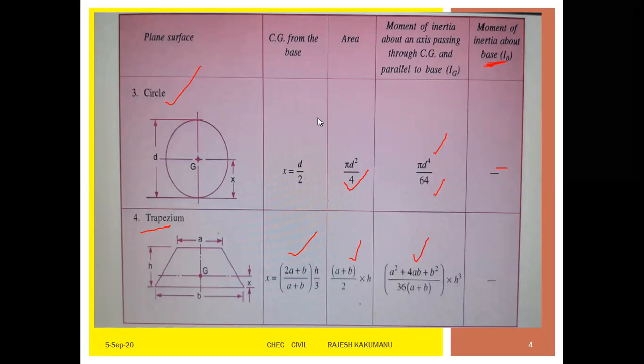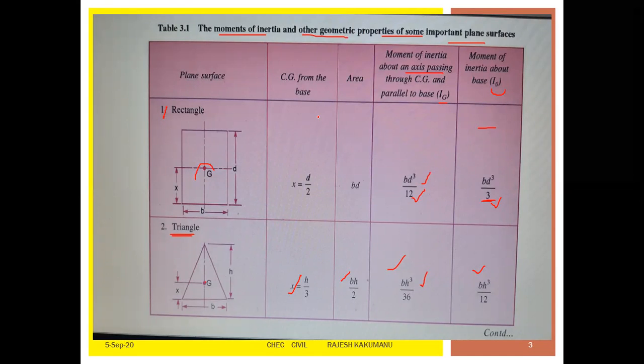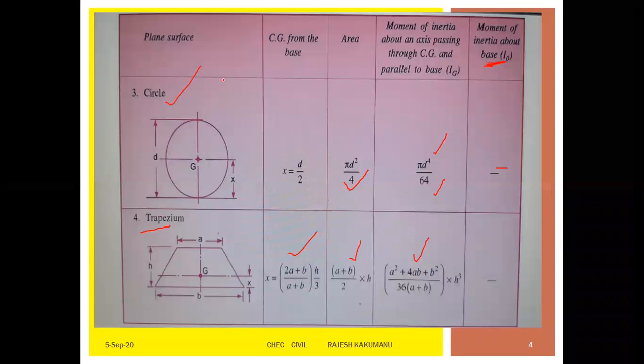These are the objects which are immersed in the liquid. While doing the problem, these are the plane surfaces: rectangular, triangular, circular, and trapezium plane surfaces. These surfaces may be immersed in the front view or the side view.